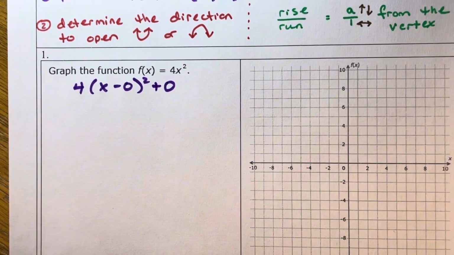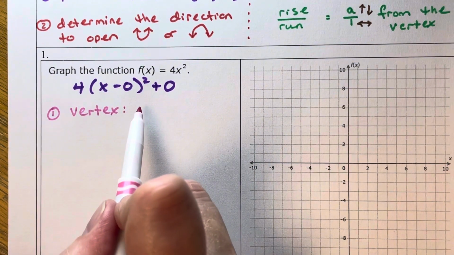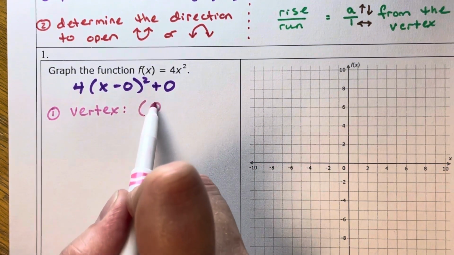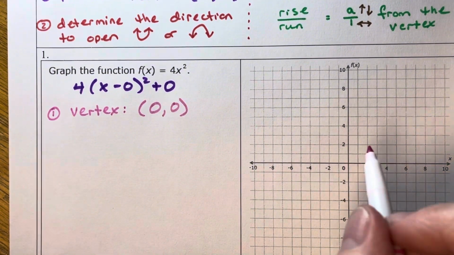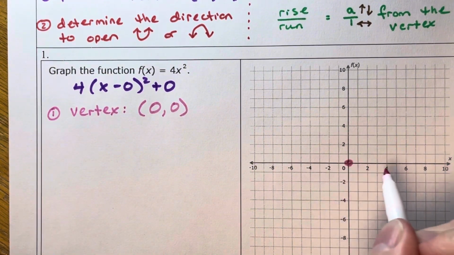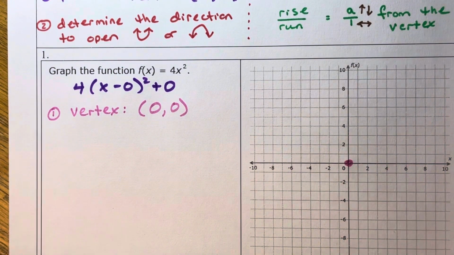So from there, now that I have my h and k showing in the expanded form of this vertex form of the function, I can go find what I need to graph it. So from here, I can say, oh yeah, my vertex, which is h and k, will be 0, 0. No need to worry about positive or negative h in this particular problem. And there it is. There's my vertex right there.